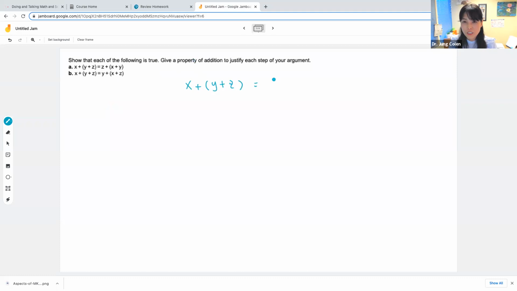From here, we need to go to z plus x plus y. I'm examining here: x plus y was here, but it came to the end, right? So we can have some sense that there must be a commutative property, right? But can we do that already?